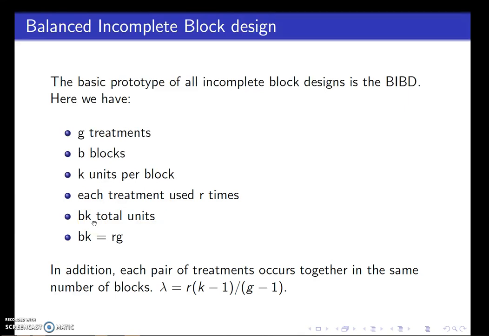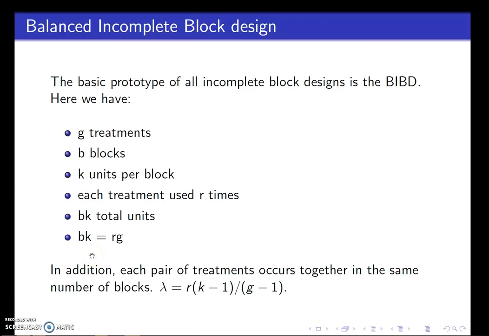Now, why is that again? B is the number of blocks, and then there's K units per block. So we will only be able to replicate as many units within blocks as we have, and that's B times K. Well, we have G treatments and R replications of each treatment, so that necessitates that R times G must be equal to B times K, or else this isn't going to work for us.